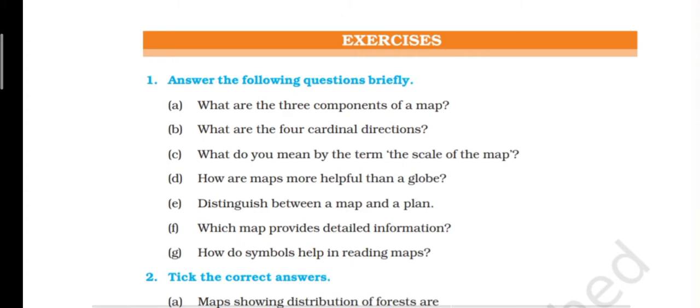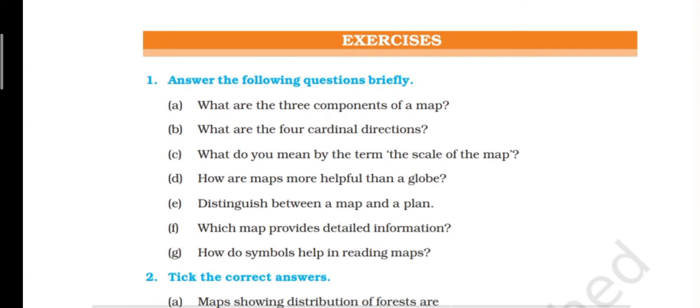Now the next question, how do symbols help in reading maps? Here, children, there are 2 points. First, since we cannot draw actual features like mountains or plains or plateaus on a map, those things are shown using symbols, colors, images, letters, etc. This makes it easier to understand the maps.